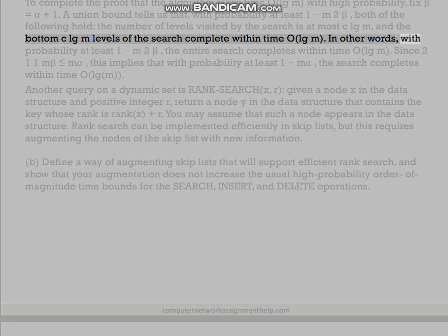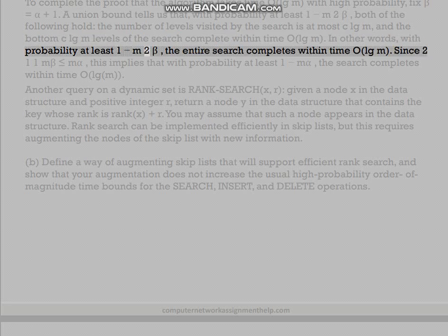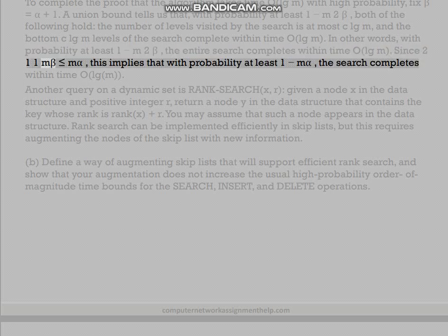In other words, with probability at least 1 minus 2/m^beta, the entire search completes within time O(lg m). Since 2/m^beta is less than or equal to 1/m^alpha, this implies that with probability at least 1 minus 1/m^alpha, the search completes within time O(lg m).